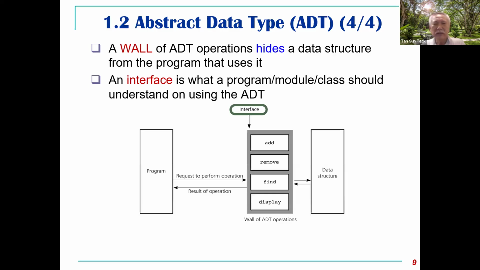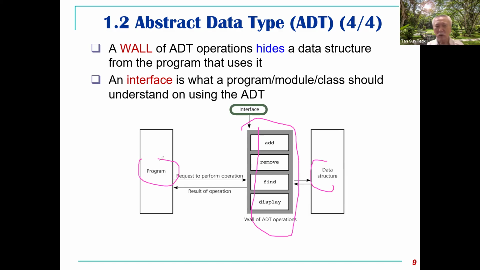Right. So a wall of ADT operations hides the data structures from the program that uses it. In this case, this is the wall. This is what we call the wall. You hide the data from the program that is using it.